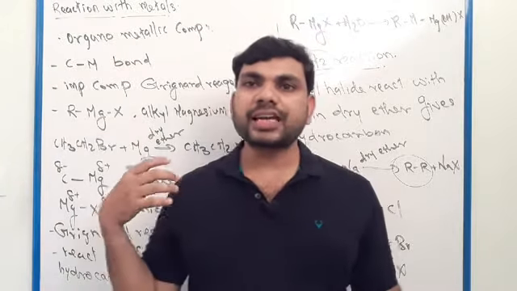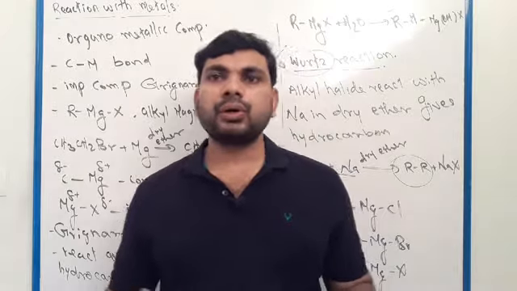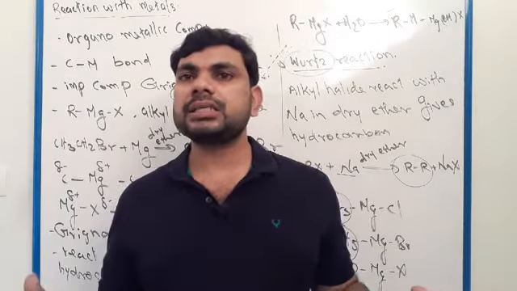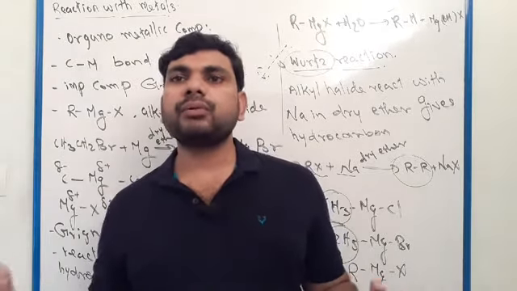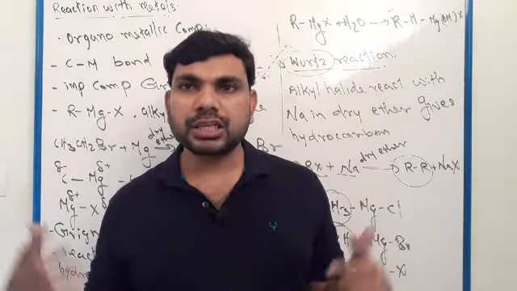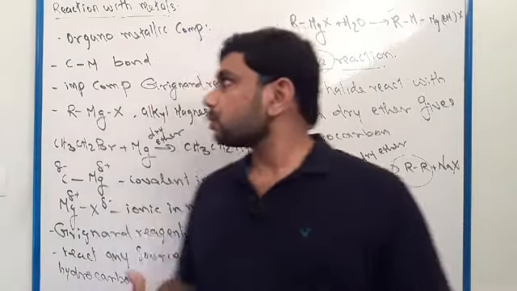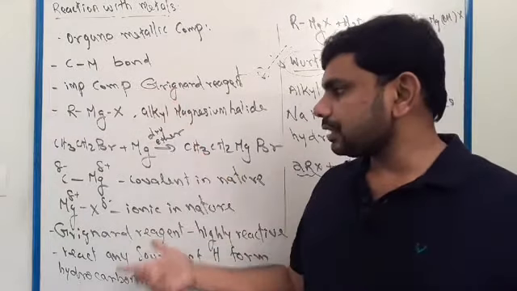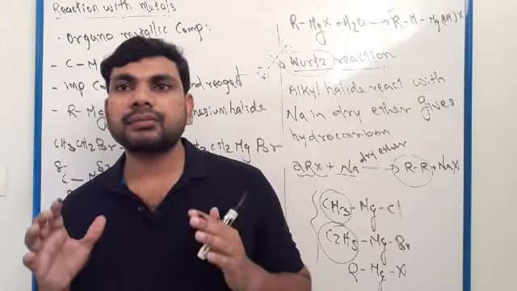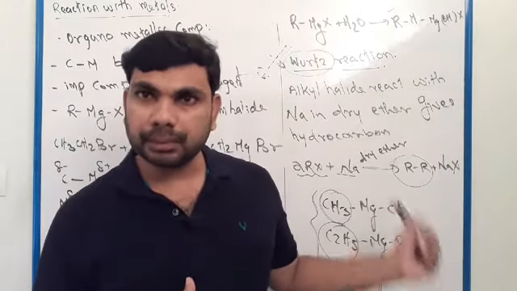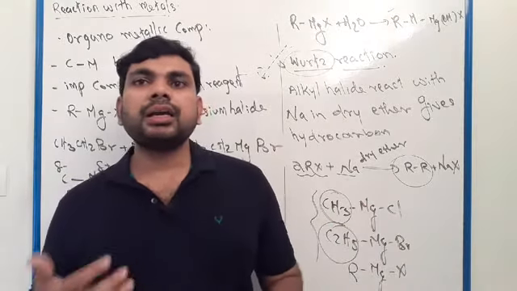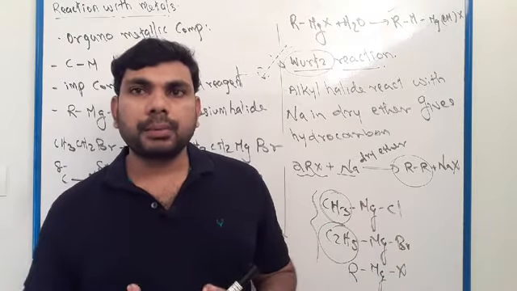Then we discussed reaction with metals. In nucleophilic substitution reaction, we have to study many things, such as stereochemistry of nucleophilic substitution reaction, but elimination and reaction with metals we have finished now. And Wurtz reaction, you remember, alkyl halide reacted with sodium in presence of dry ether produces hydrocarbon. This is also a reaction with metal.